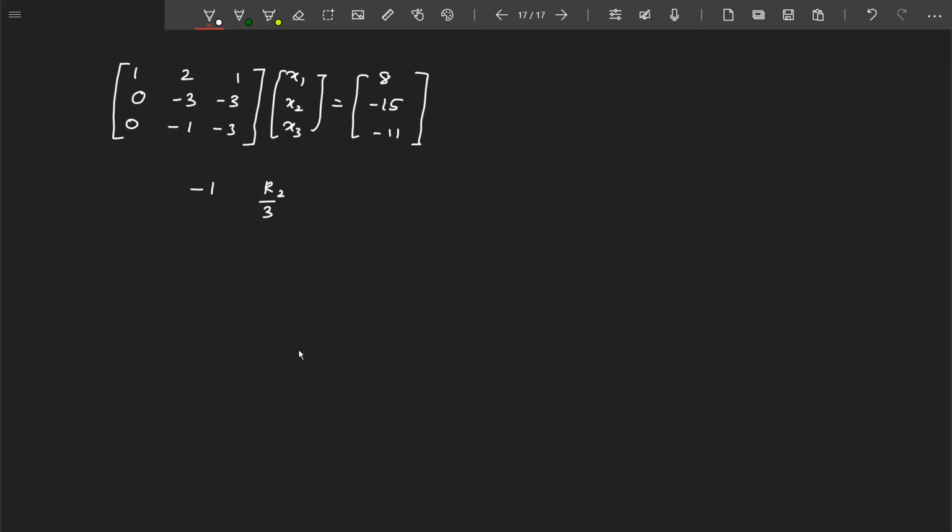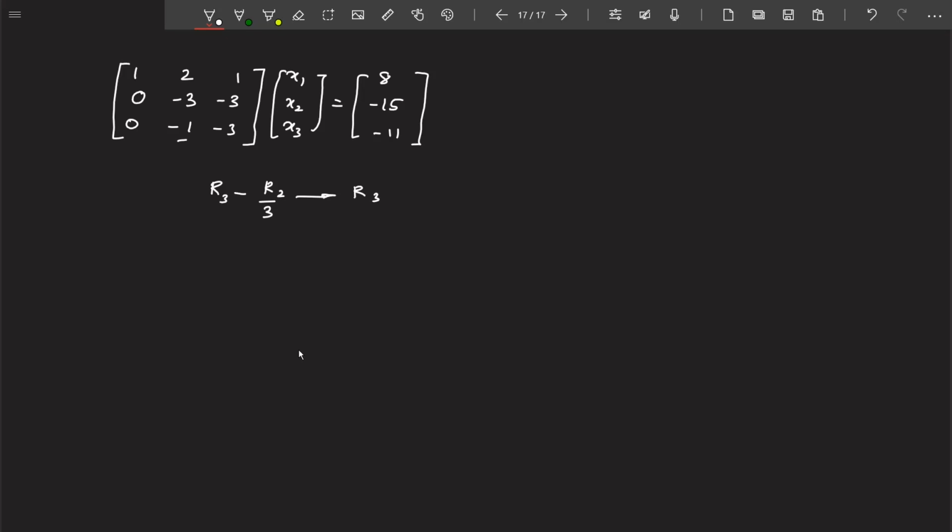This has this plus 1, so I'll take this as minus. And this is 1. So let us write this down as R3. When you perform this and replace R3 by this, you can check here.